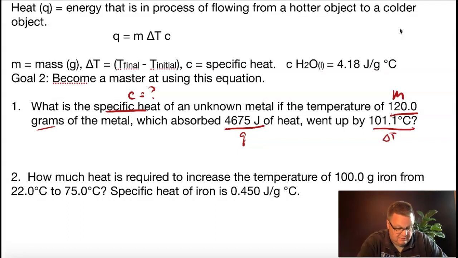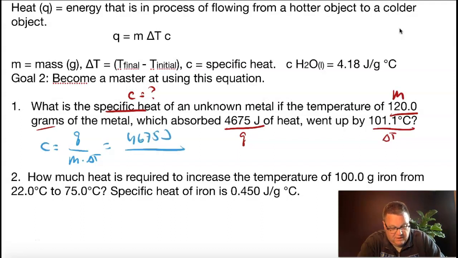Okay, and so I'm going to take this Q equals M delta T C equation, and I'm going to solve for C. Rearranging this, C is equal to Q over M times delta T. 4675 joules. If they gave this to me in kilojoules, I would have to change it to joules. Mass, 120.0 grams. Delta T, T final minus T initial. T final is higher, so this is 101.1 degrees Celsius.